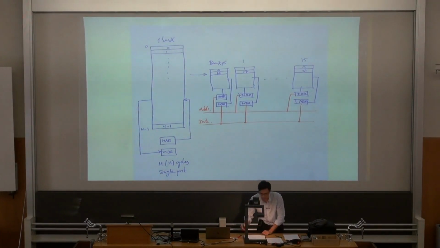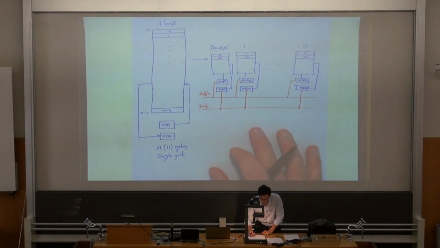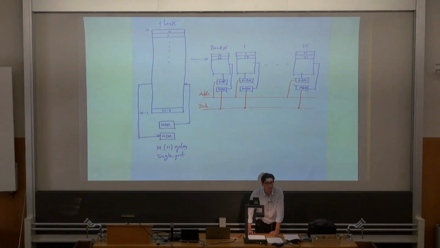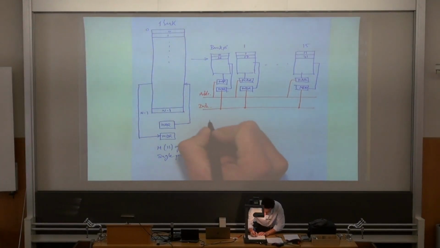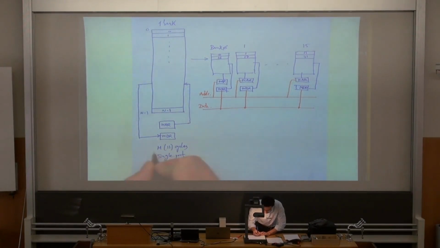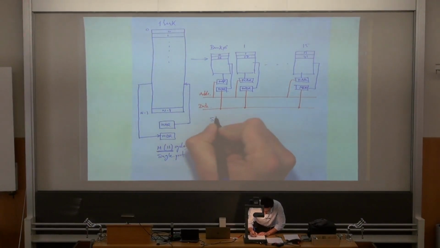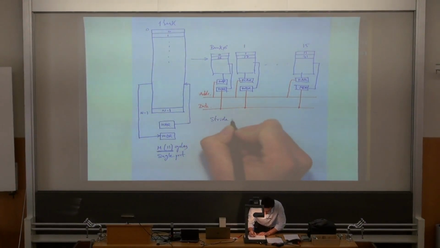And now let's see one example of how we are going to access all these 16 banks. We will still have the same access latency. The bank access latency is still m cycles, or 11 cycles in our example. Let's assume that our stride is 1.